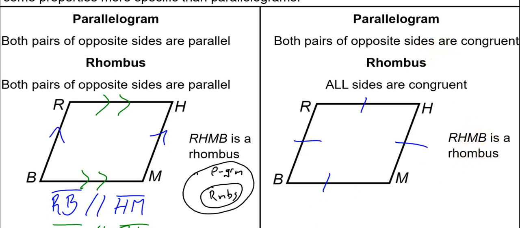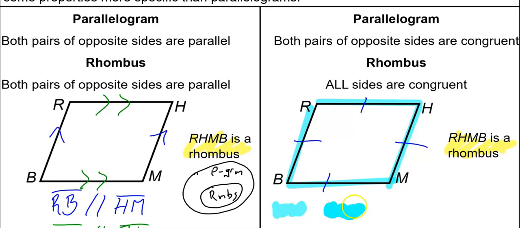Notice I've got a rhombus right here. They told me it's a rhombus. We got to know it's a rhombus. Both pairs are still congruent. Left is still congruent to right. Top is still congruent to bottom. However, we're a little more specific now. All my sides are the same. That's what makes this a rhombus.